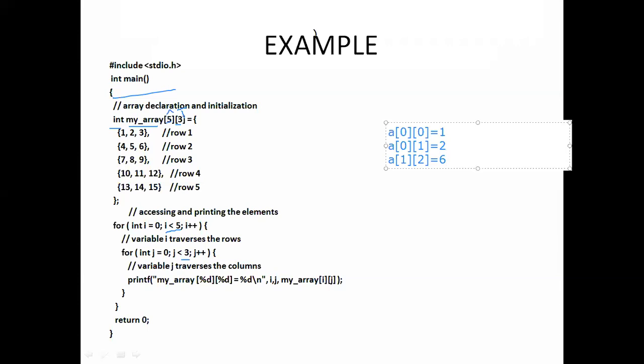Okay, so in this way you have to represent the matrix. In this way the values are printed from the array. So just write this program for the one-dimensional array and two-dimensional array, and practice in your lab or in any online editor. If any problem occurs, please inform me.